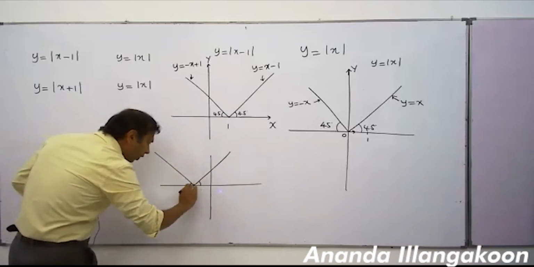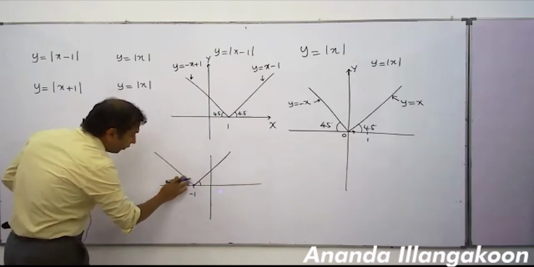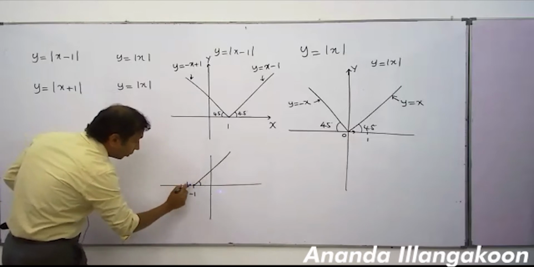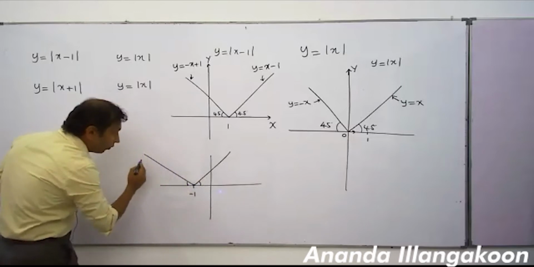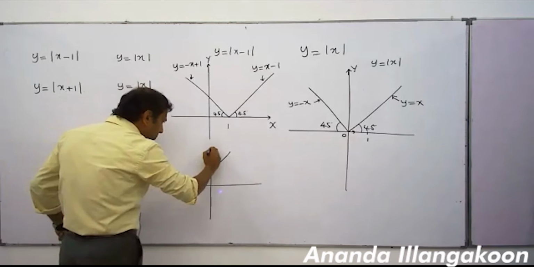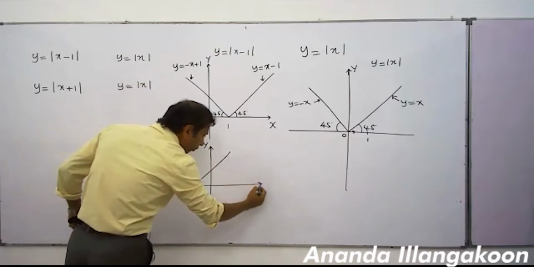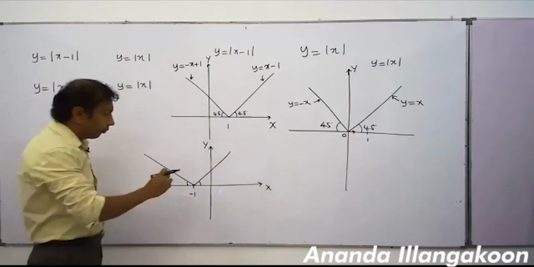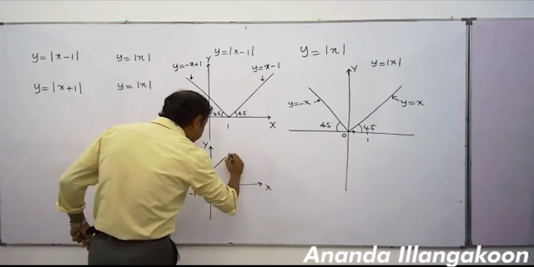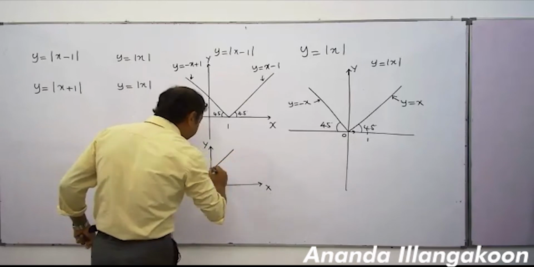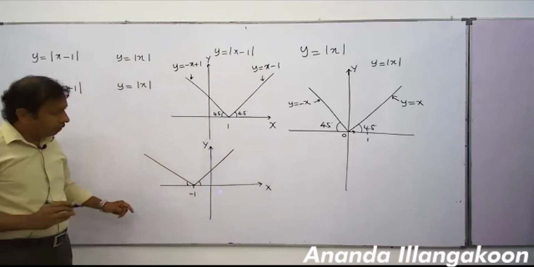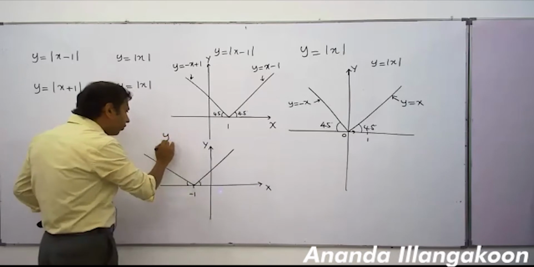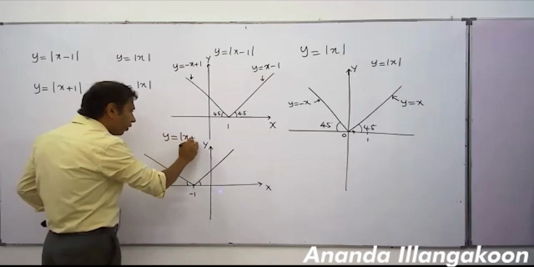This is 45, this is 45, right? Now, the overall equation for the whole graph is y equals mod x plus 1.